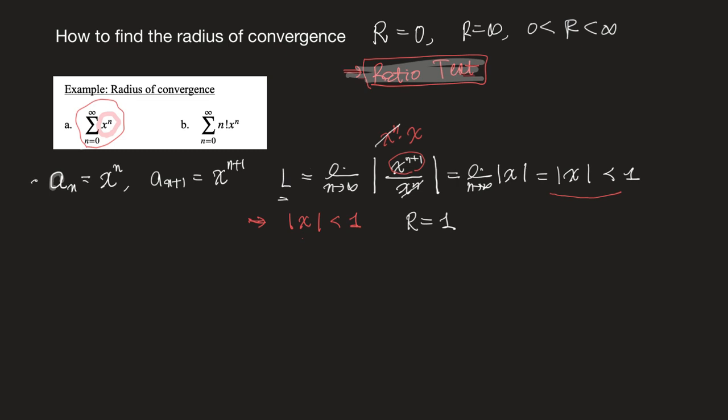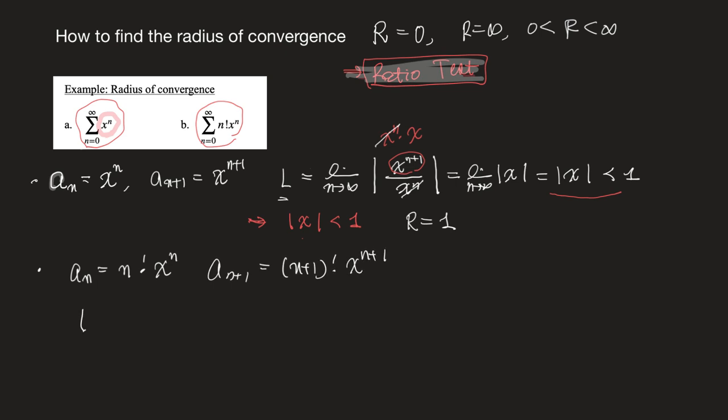Okay, let's do the second one. Really pay attention with me, guys. We want to find the radius of convergence of this one, right? Using the ratio test, a_n is n factorial x^n, and a_(n+1) is (n+1) factorial x^(n+1). The ratio test says the limit as n approaches infinity of |a_(n+1)/a_n|, which is (n+1) factorial x^(n+1) over n factorial x^n.